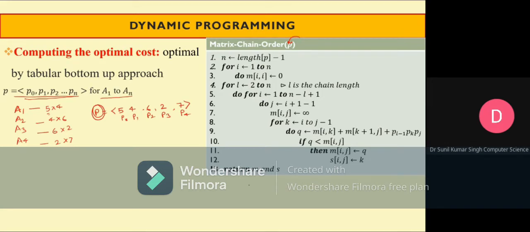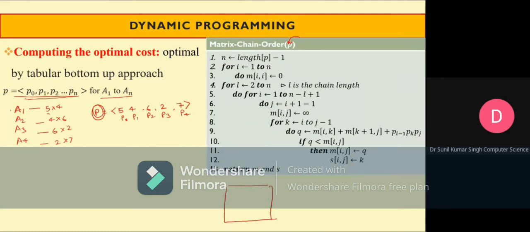So for solving this problem, we create a matrix in the order of the number of matrices.